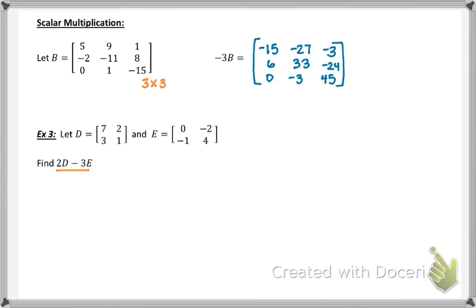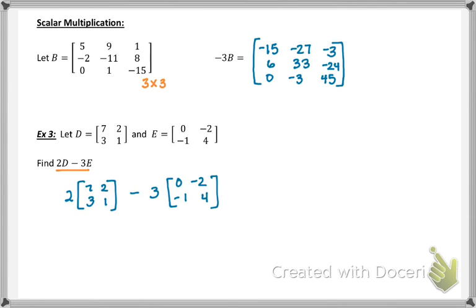So I'm going to start with 2D. So 2 times matrix D, which is 7, 2, 3, 1, minus 3 times matrix E, 0, -2, -1, 4.